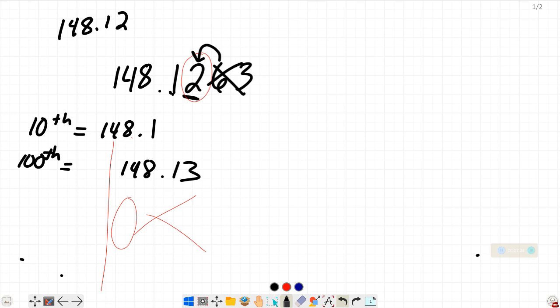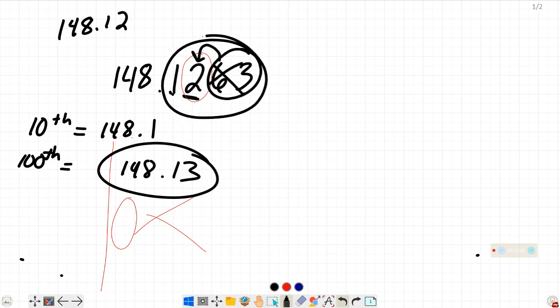Why don't we just delete it and stick with that number instead of rounding it to this number? Right. Why is this more accurate? Because this number is closer to that than it is to this.